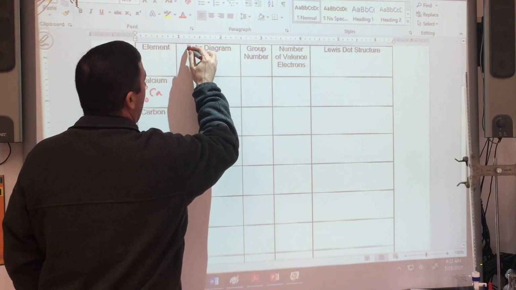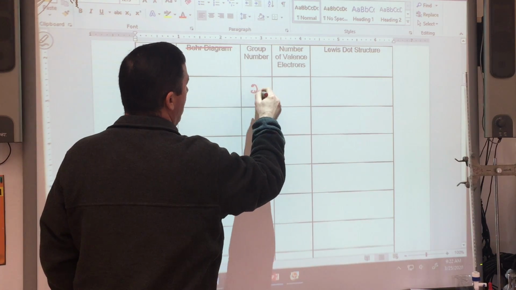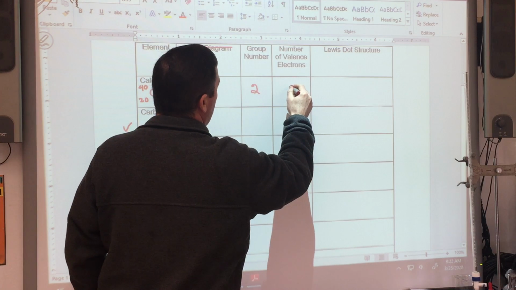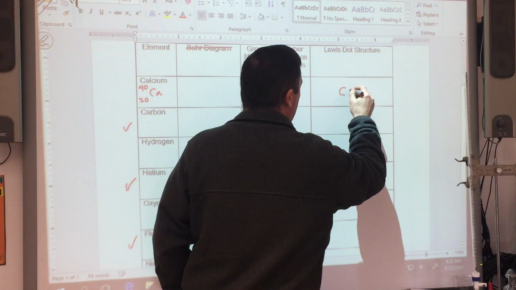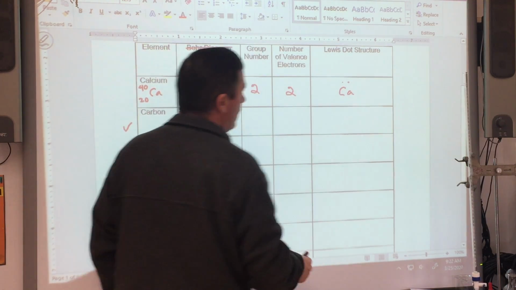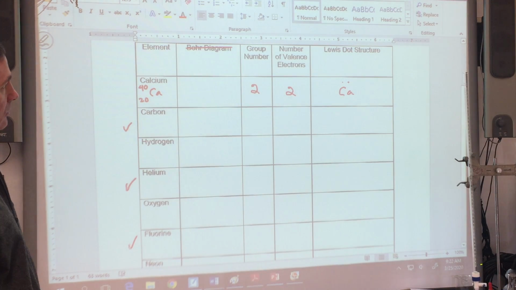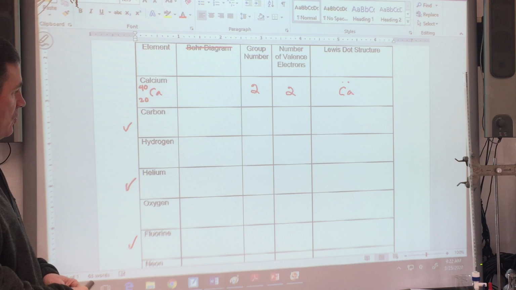We're going to skip the Bohr diagram actually. It's in group 2. That means it has 2 valence electrons. And I've got calcium here. If it has 2 valence electrons, I just put 2 electrons there. Then I'm done. Okay? That's basically it. It's pretty straightforward.